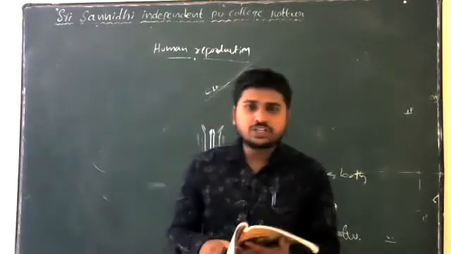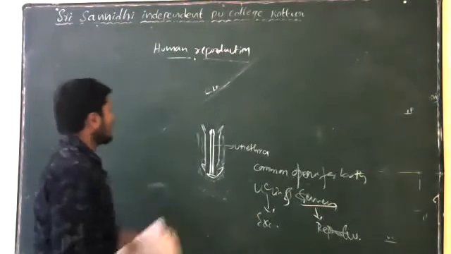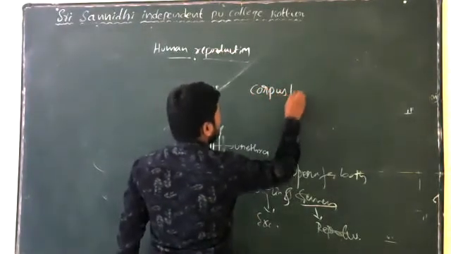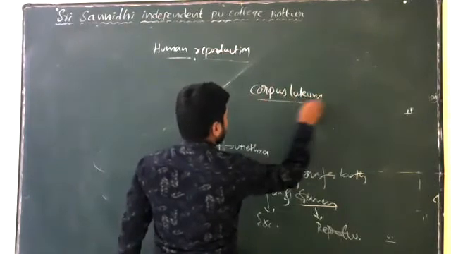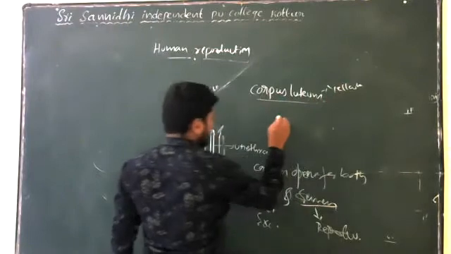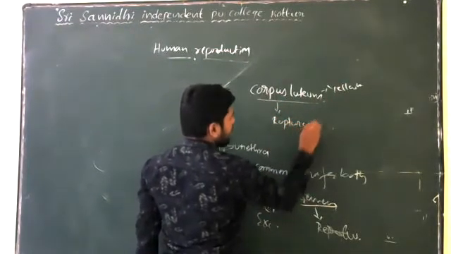So the main function of the mammalian corpus luteum. Remember, the corpus luteum is the yellow body produced by the ruptured Graafian follicle.